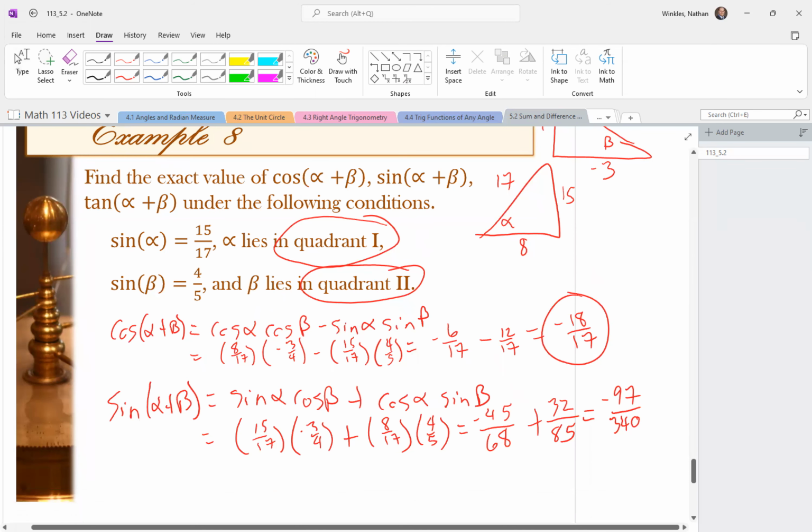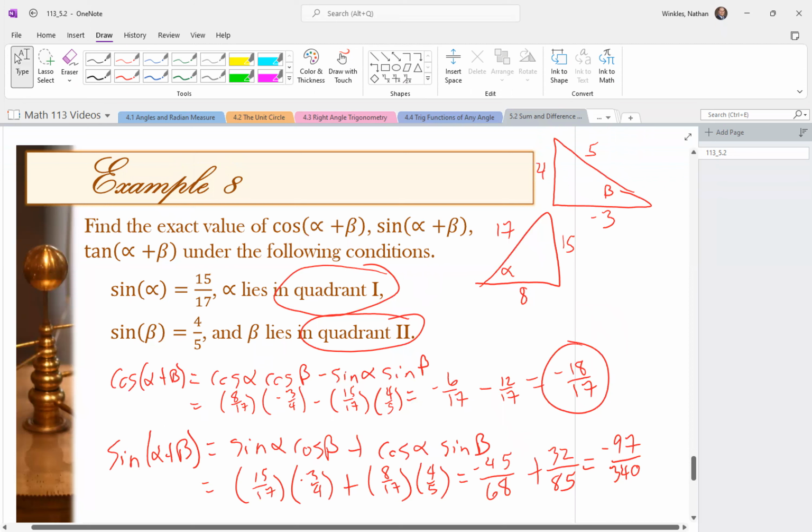All right, so I made a mistake here. So cosine of beta is actually negative 3 over 5.